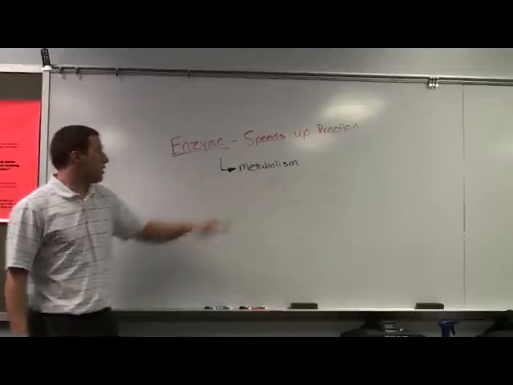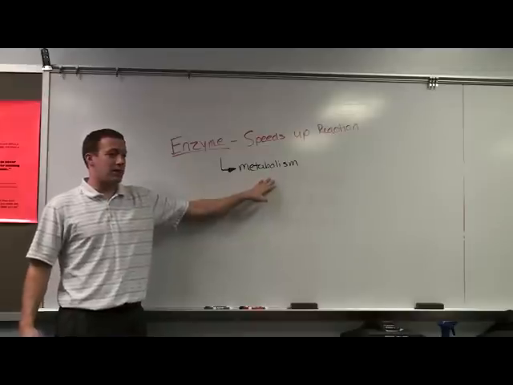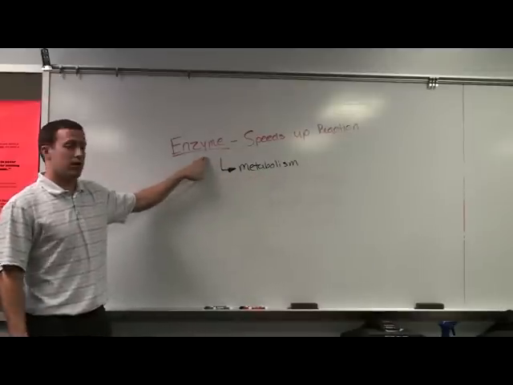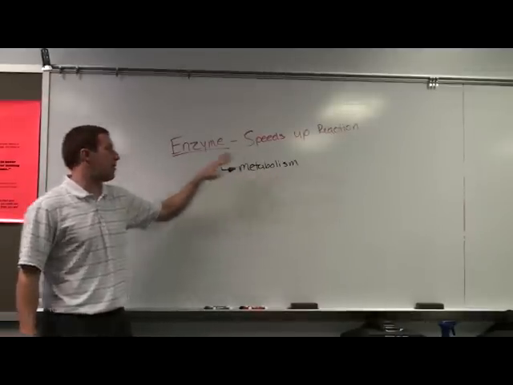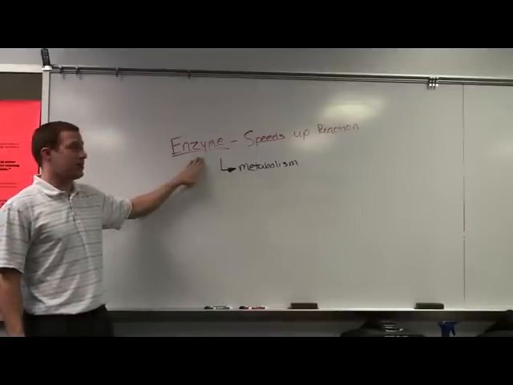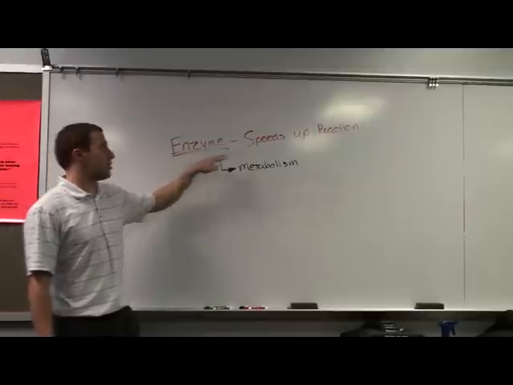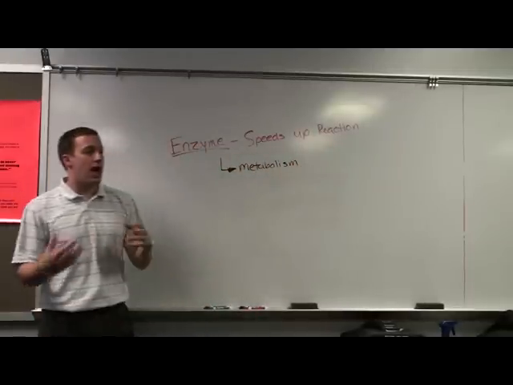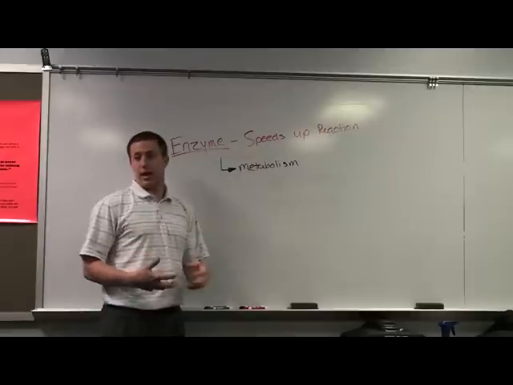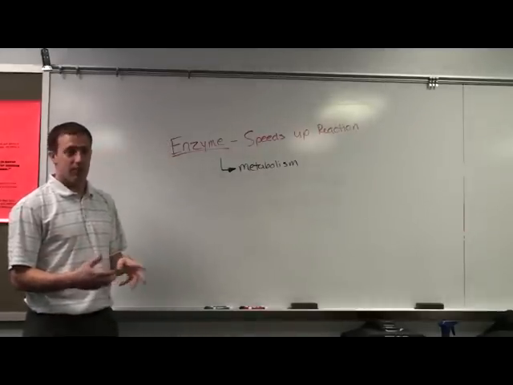Metabolism. Okay? So if someone has a high metabolism, they probably have more enzymes that are going to digest the food. If they have a low metabolism, they have a low amount of enzymes. So if you have more enzymes, you can speed up the reaction. The more enzymes you have, the more you're going to be able to digest that food. Does that make sense?